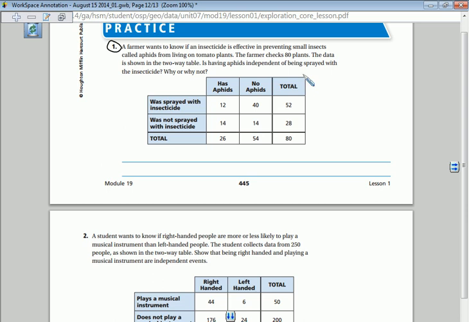Is having aphids independent of being sprayed with an insecticide? Why or why not? Okay, so what is the probability of having aphids? So we'll let A be having aphids.